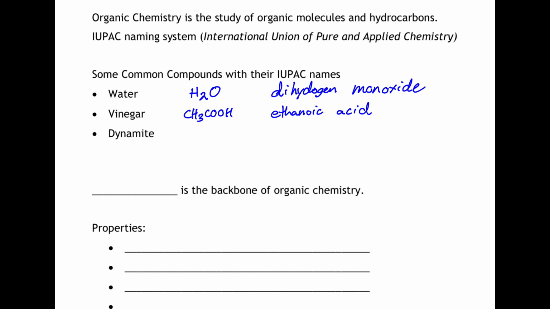Now this one's even more fun. This is dynamite's formula, C7H5N3O6. That's it. This is known as trinitrotoluene.